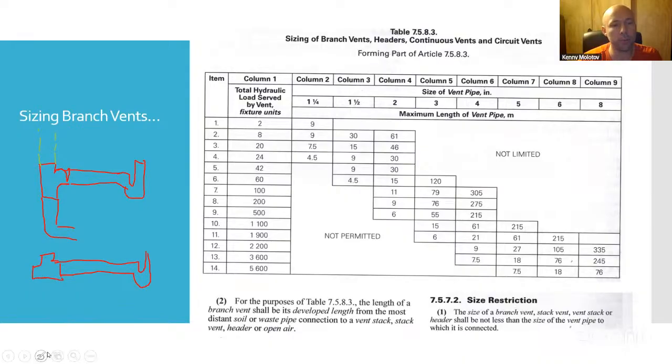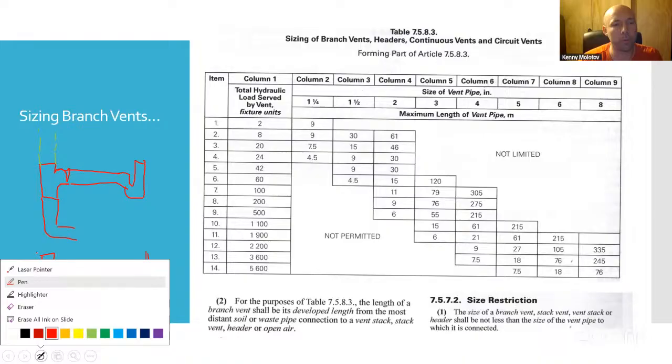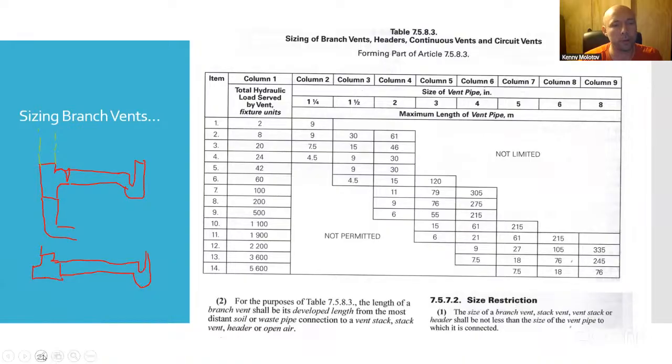And then you would run your vent from the trap arm right here, and I would do that in green, like this. All right. That is the difference between continuous waste and vent and also back vent.